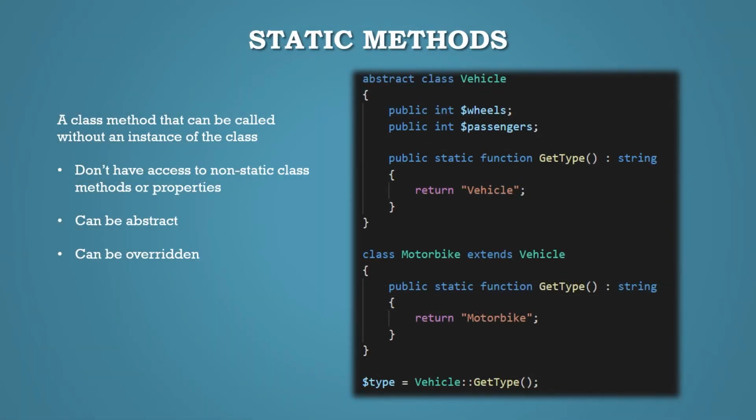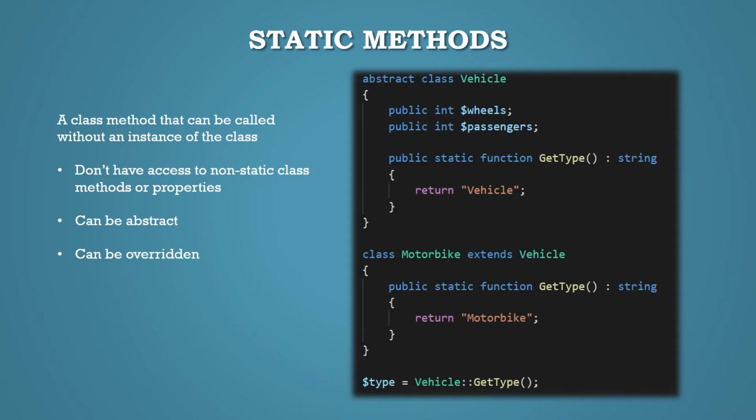Another interesting feature we have with classes is static methods. A static method is a way to call a method of a class without having an instance of it. The limitation is that they don't have access to non-static class methods or properties, and the features are that they can be abstract as well, and they can also be overridden.